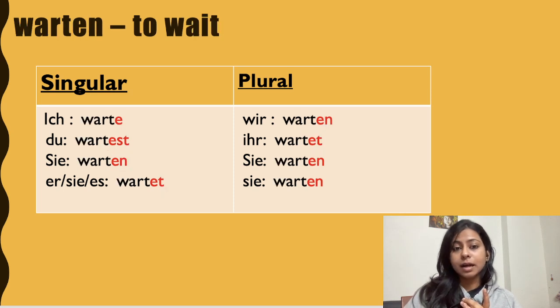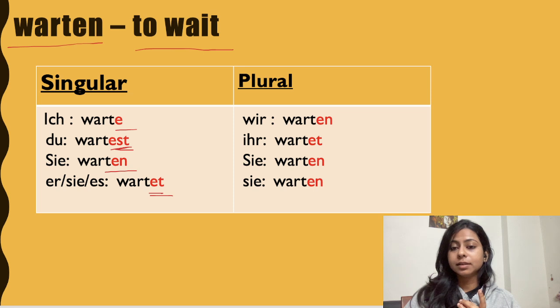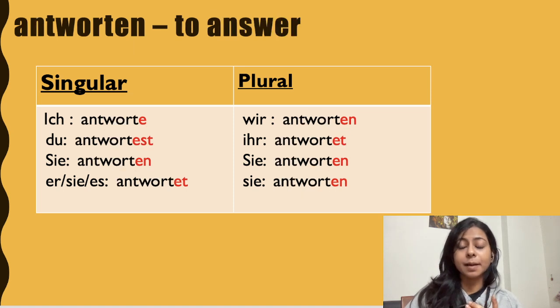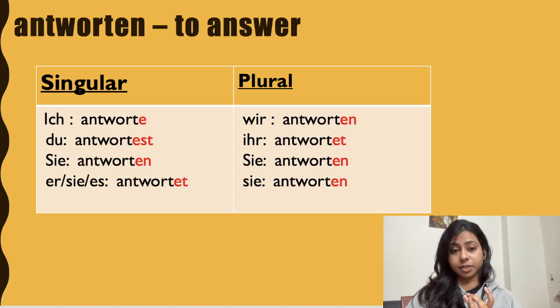Warten. Warten means to wait. So ich warte, du wartest, er sie es wartet, wir warten, ihr wartet, sie warten und Sie warten. The next example is antworten. Antworten means to answer.